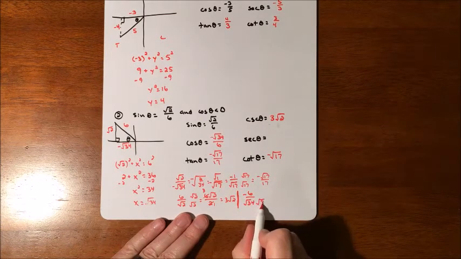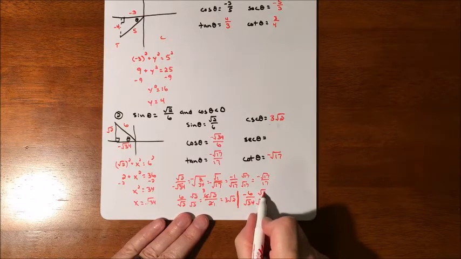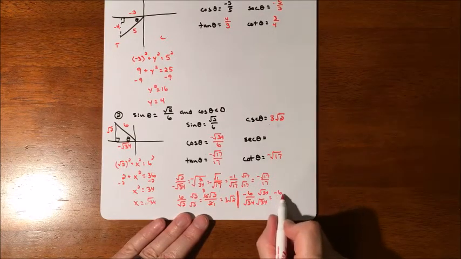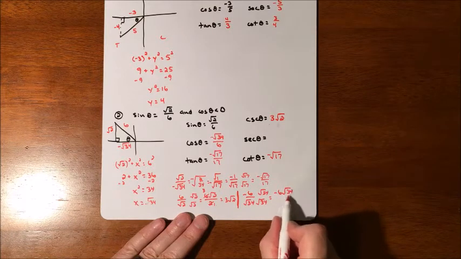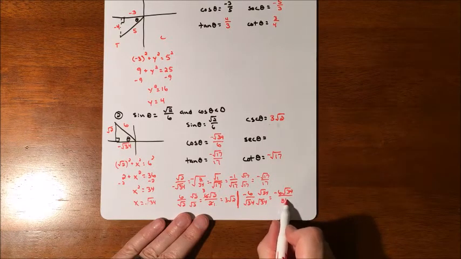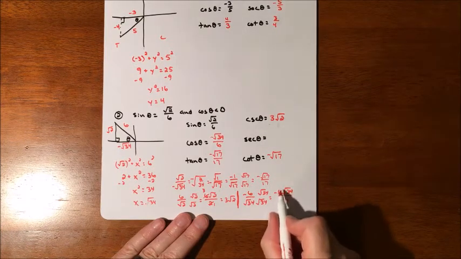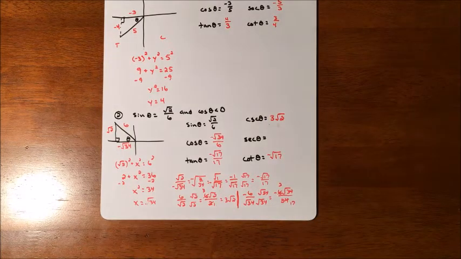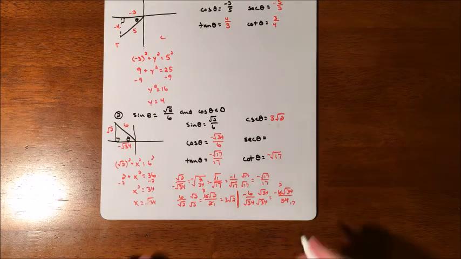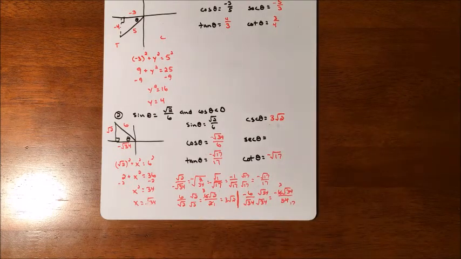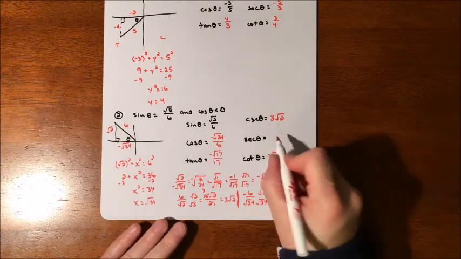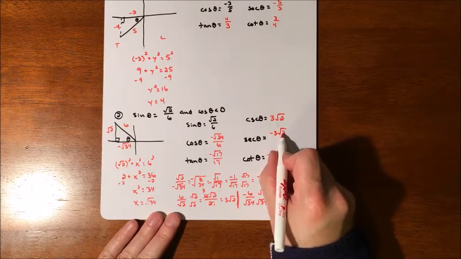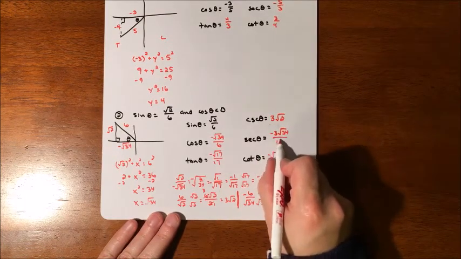We'll rationalize by multiplying by another root 34, which gets us negative 6 root 34 over 34. 2 goes into both. That'll become a 3. That'll become a 17. So that will turn into, still red, negative 3 root 34 over 17.